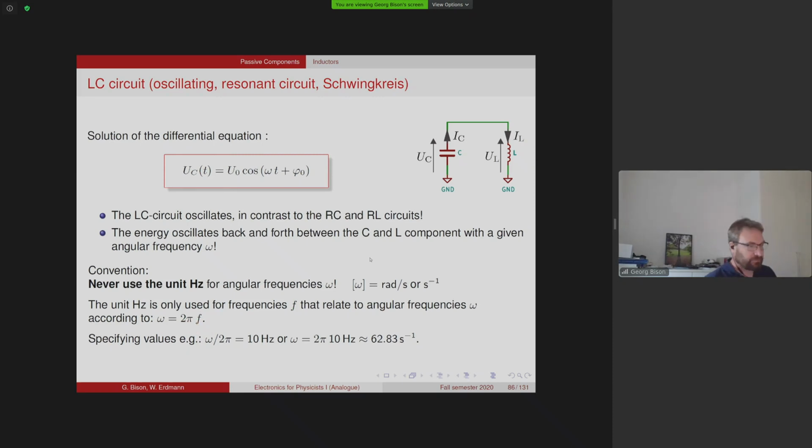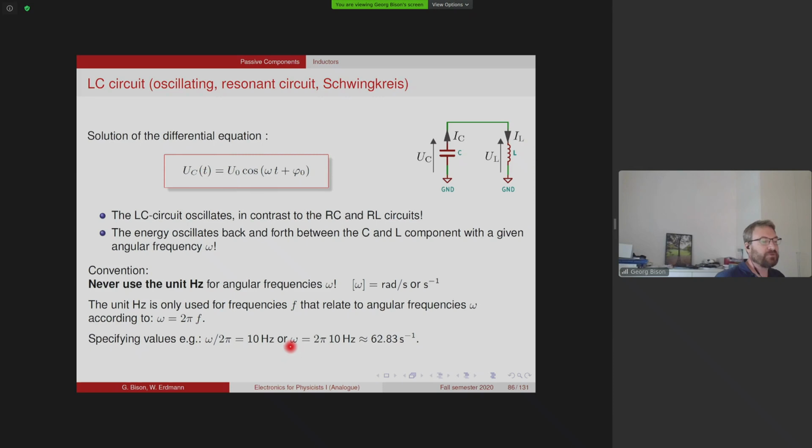Since you need to go to an angle of 2 pi to do 1 revolution of the angular frequency. This now is a problem if you want to give a value, and often mistakes are made. So the safe way to specify a value is that you say, okay, I specify omega divided by 2 pi, then I can say this is, for example, 10 Hertz.